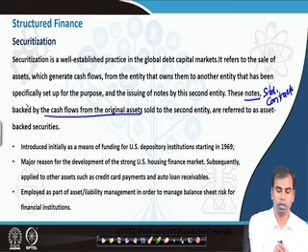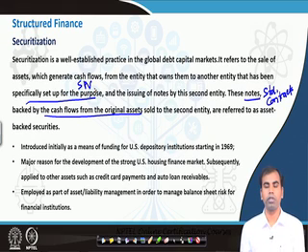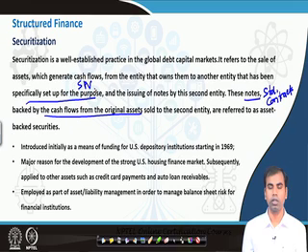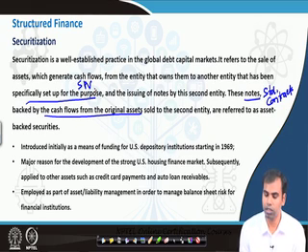So, basically this is about the special purpose vehicle helping the business entities to raise funds from investors through assets that are backed by certain ownership of assets in the business organization.